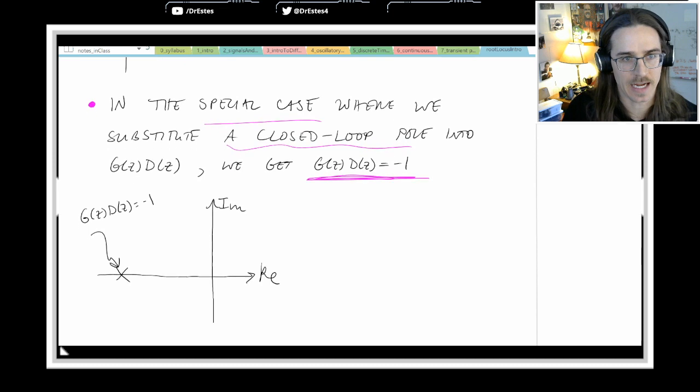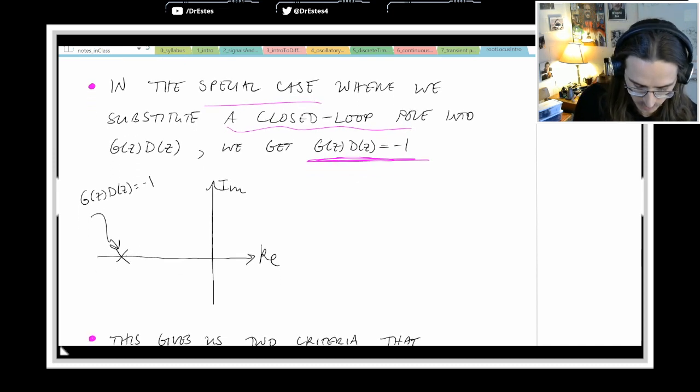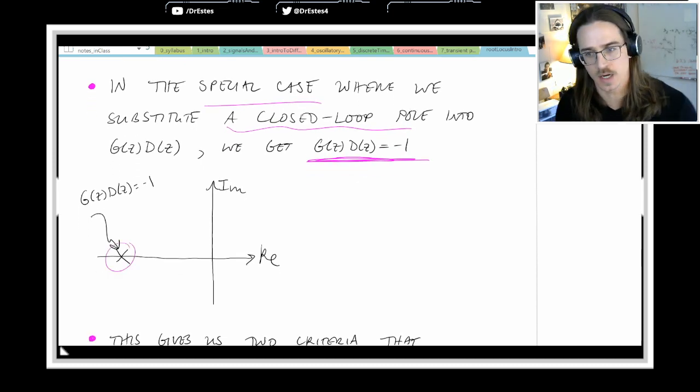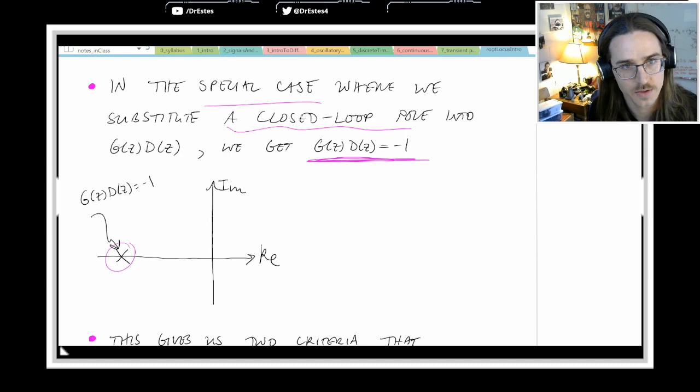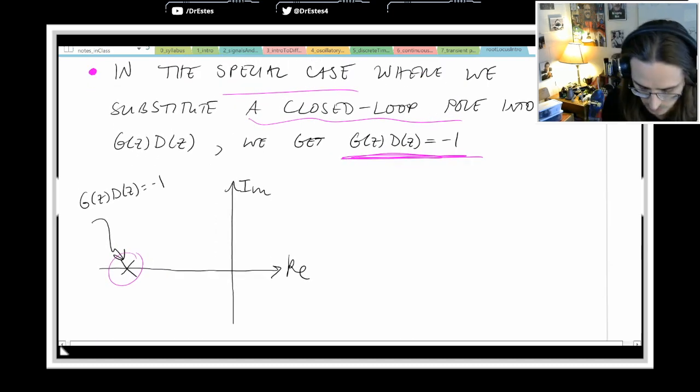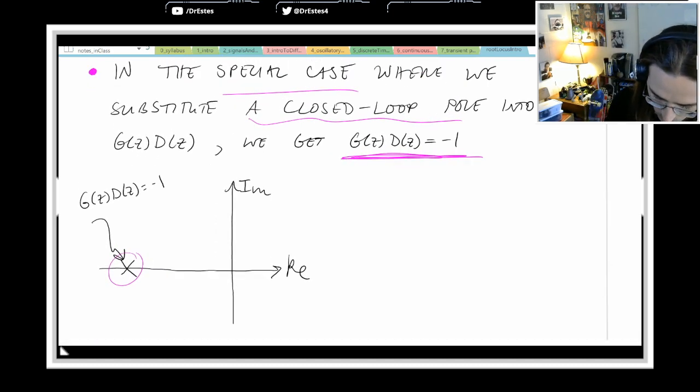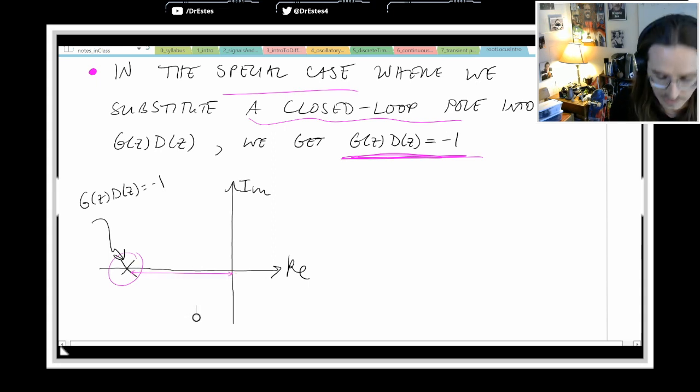If we throw that in the complex plane, it's on the negative real axis at minus 1. Let's get the magnitude and phase. Once again, the magnitude is the distance of this number from the origin, so that distance is 1.